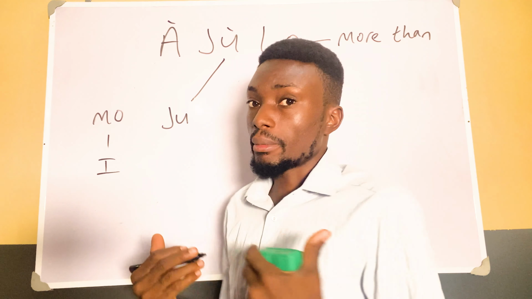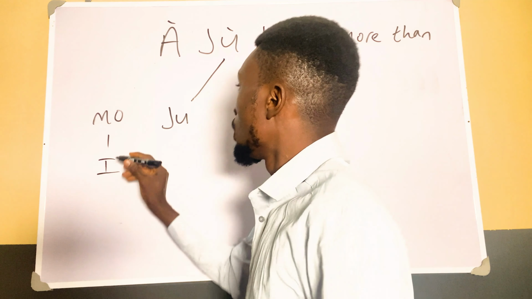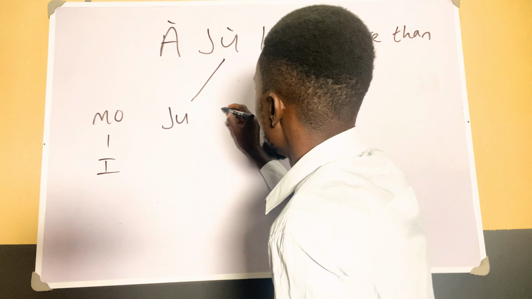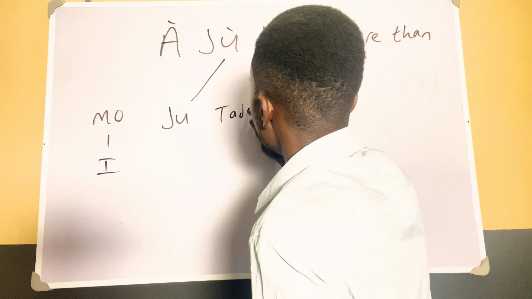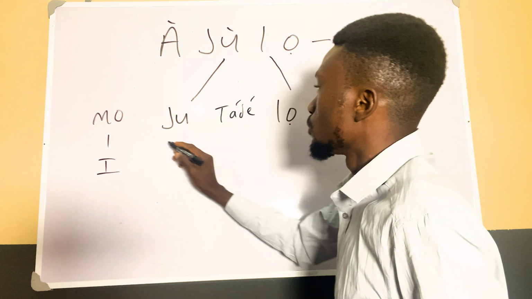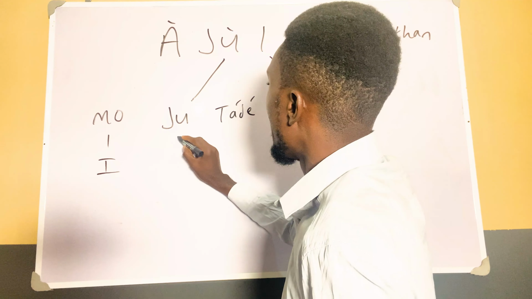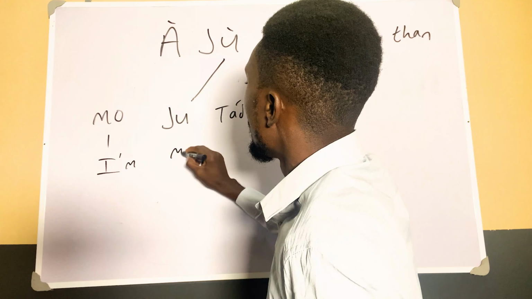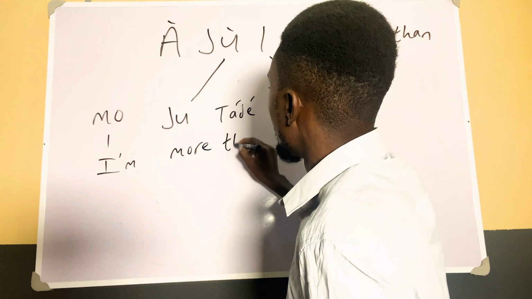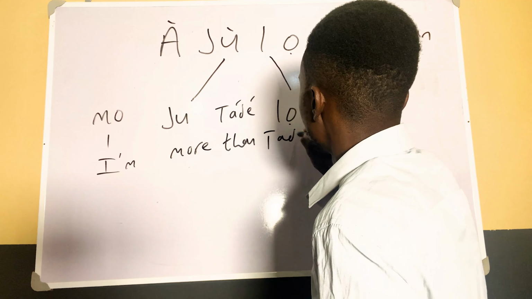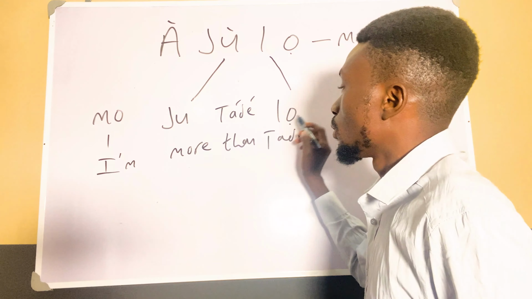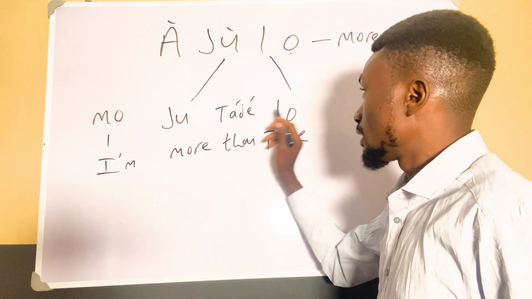So if I'm talking about I am more, it will be moju, and then the person I'm comparing, so it will be moju tade lo. So this will be I am more than tade, moju tade lo.